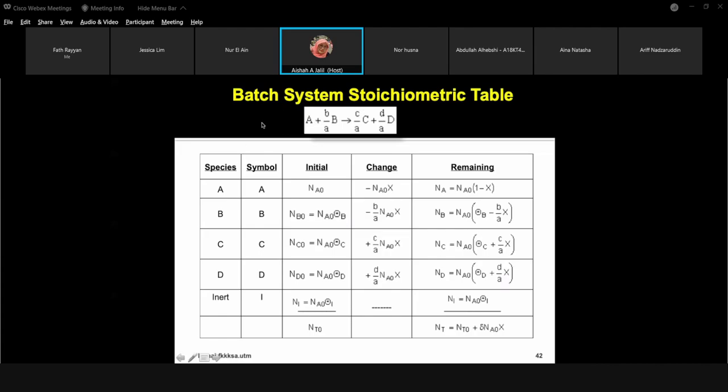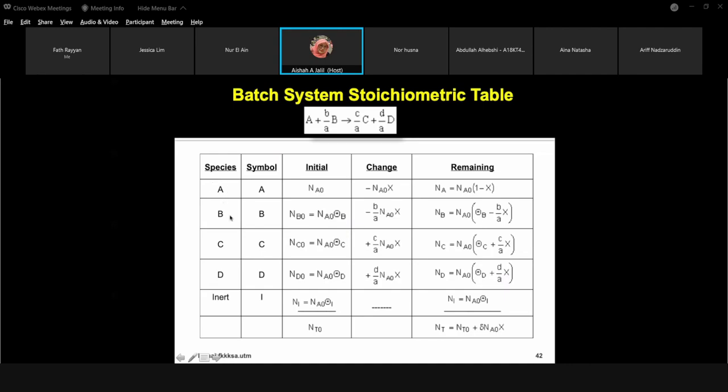So you have to write like this. For the batch system stoichiometric table, you have to write the species, the symbol, the initial, then the change, and then the remaining. Why do you use species?